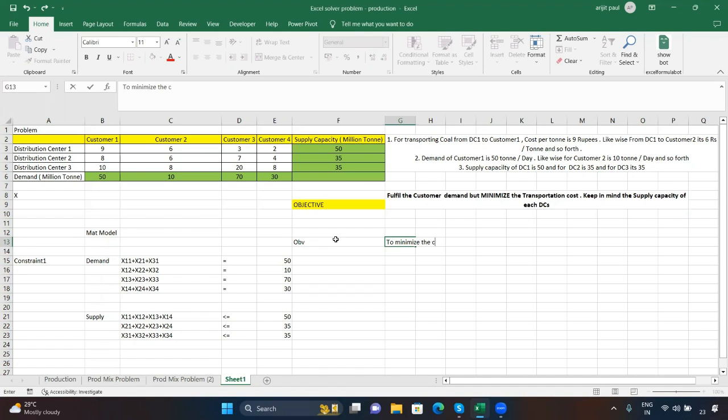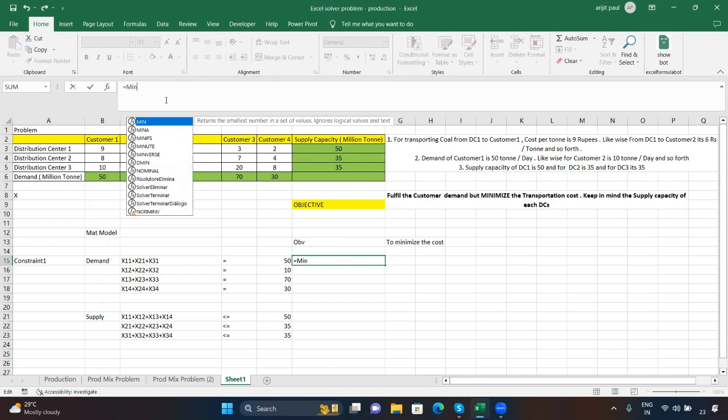So what will be the formula of the objective function? The formula will be min.